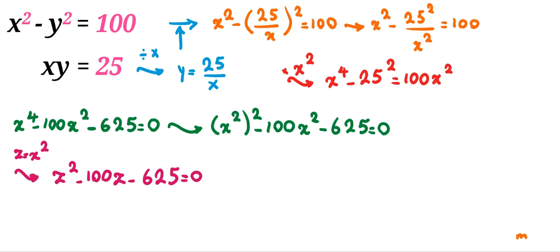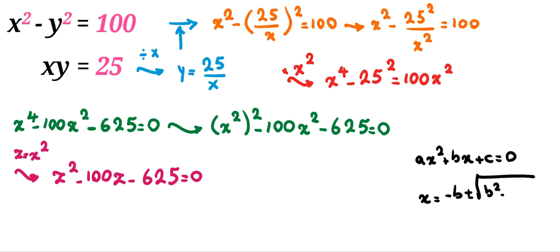Okay, let's erase these things. If you want to use the quadratic formula: if you have ax squared plus bx plus c equal to 0, then x equals negative b plus or minus the square root of b squared minus 4ac, all over 2a.